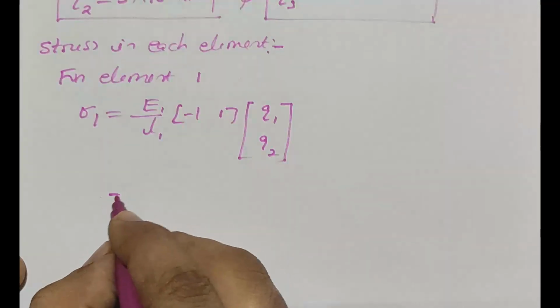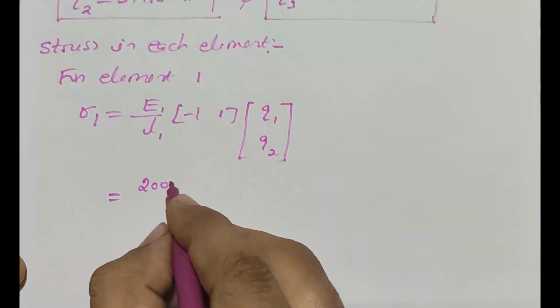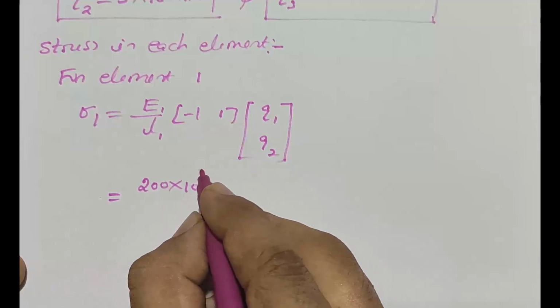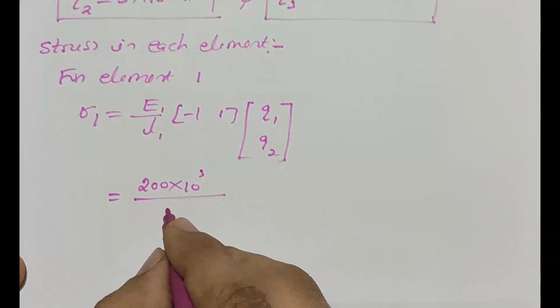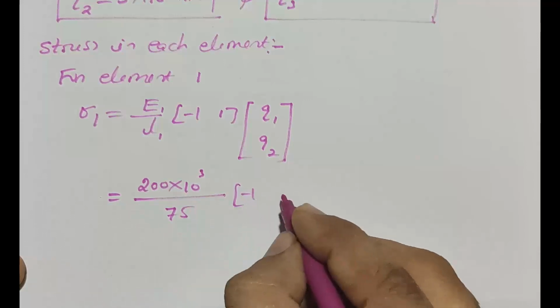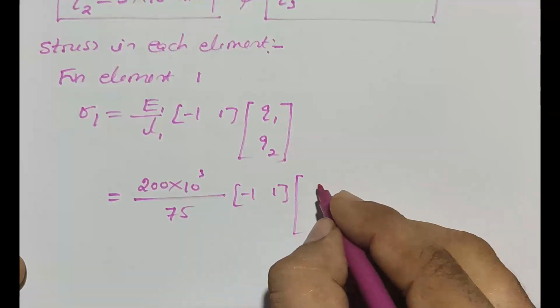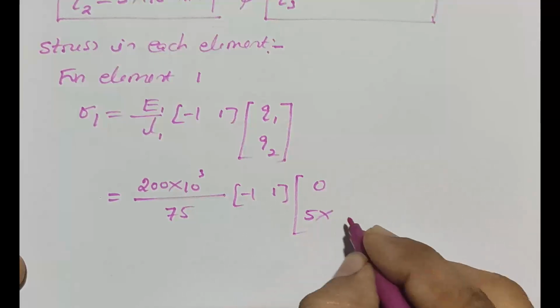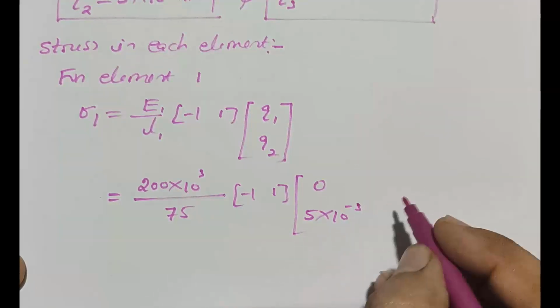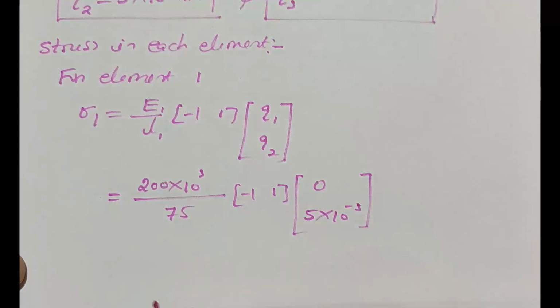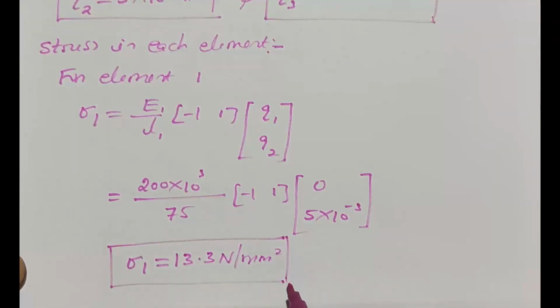If you substitute the value, E is 200 into 10 power 3 by L, it is 75 [minus 1 1], Q1 is 0, Q2 is 5 into 10 power minus 3. So if you simplify this, you will get sigma 1 is equal to 13.3 Newton per mm square. This is stress in element 1.